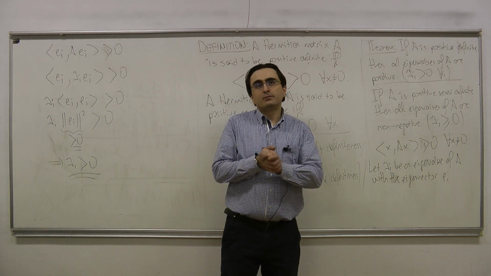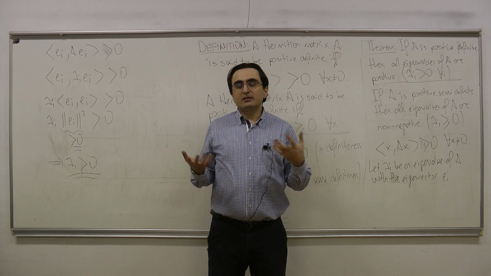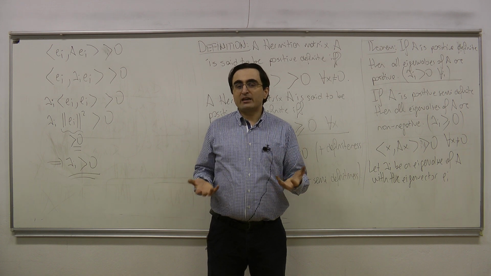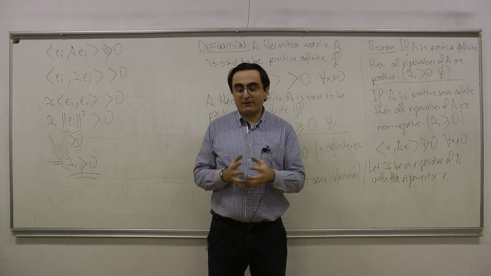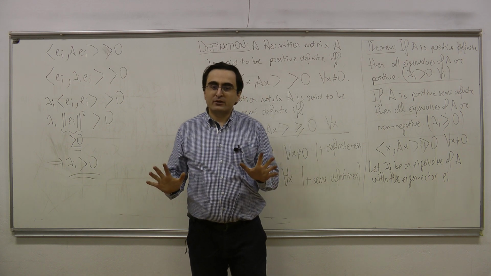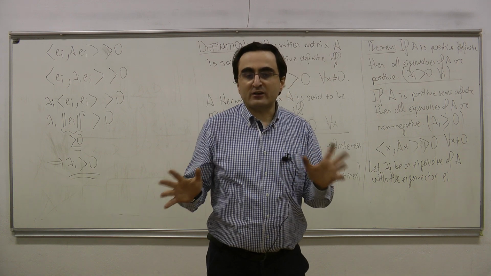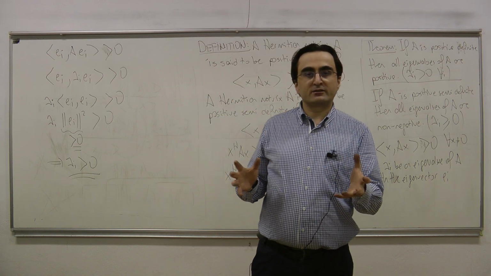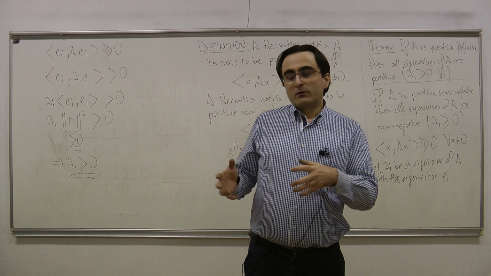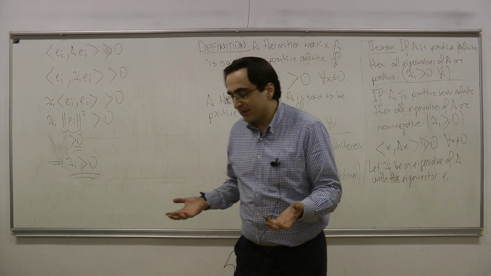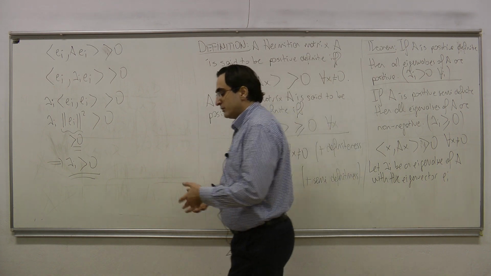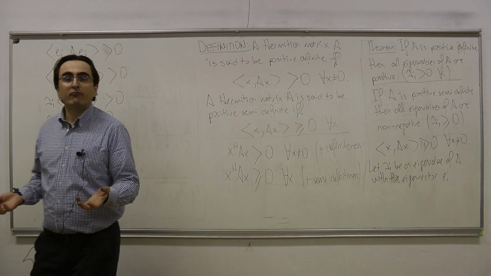So here, an eigenvalue being larger than 0 does not make any sense when the eigenvalues are complex. So when you have a general matrix, then you cannot talk about its eigenvalues being positive or negative. Okay? Because the eigenvalues can be complex, and for a complex quantity, positiveness or negativeness doesn't mean anything.